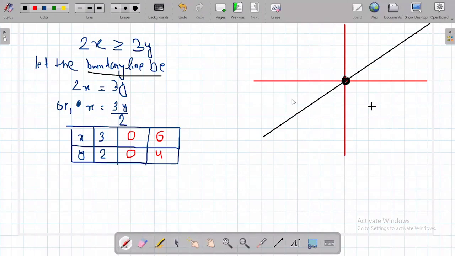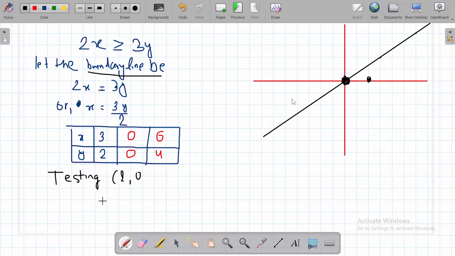Let's say I am going to test here is you can see 2,0. So let me test 2,0. But it's not compulsory that you have to test 2,0. You can test any other point except the passing point for the given line. Testing 2,0.